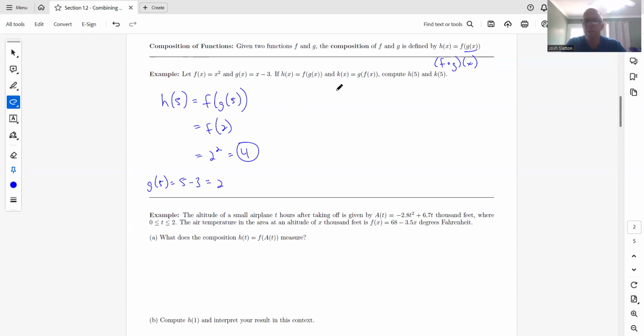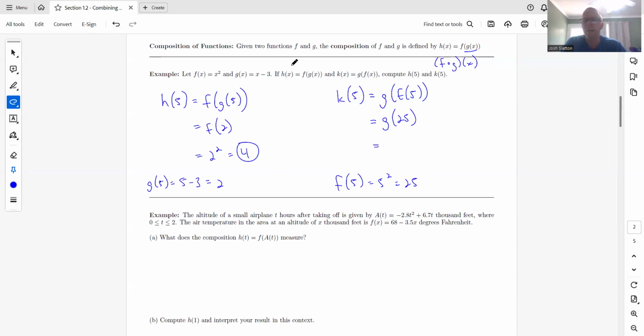So now k of 5, we're going to do kind of the opposite. So this is g of f of 5. So now we're going to plug the 5 into f. So f of 5, that would be 5 squared, and we get 25. So this means that g of f of 5 is g of 25.